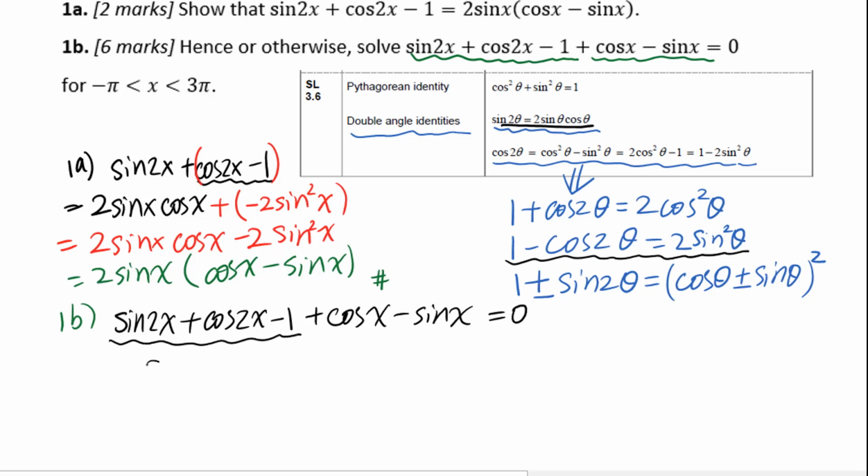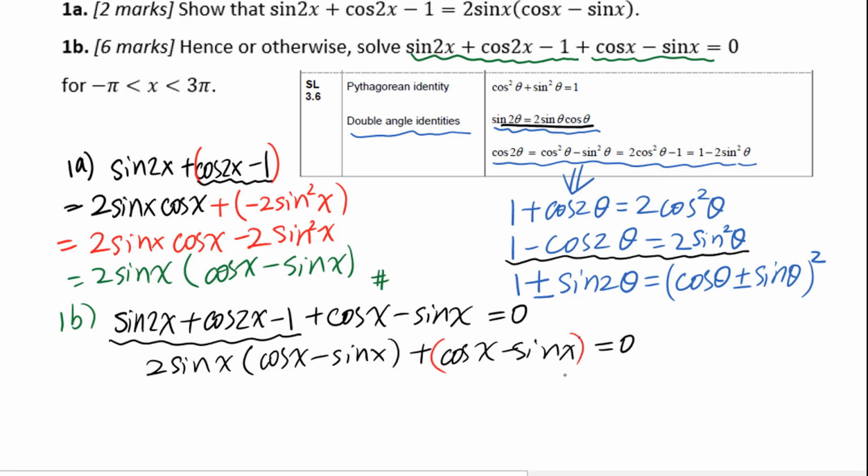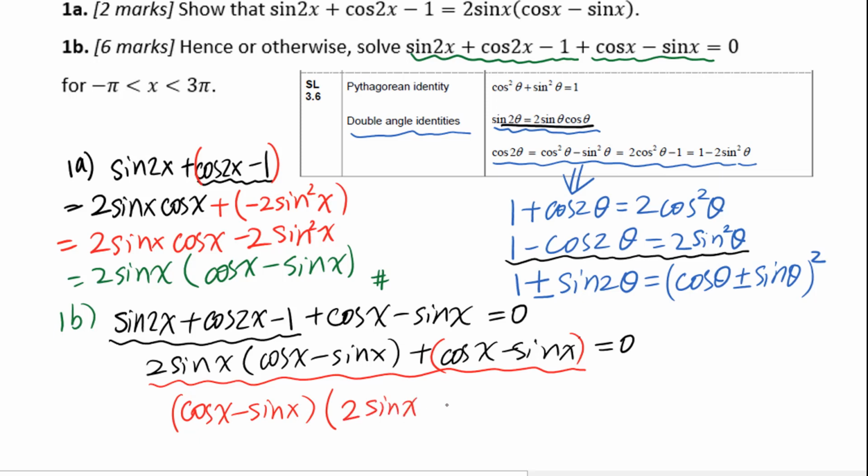The first three terms become 2 sin x cosine x minus sin x, then plus cosine x minus sin x equals 0. For these expressions, the common factor is cosine x minus sin x. So we take out cosine x minus sin x, and you will get 2 sin x plus 1 equals 0.